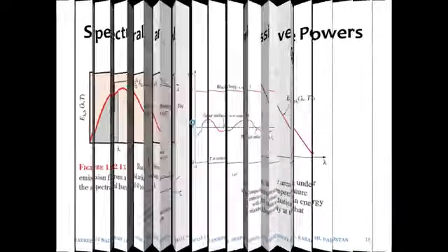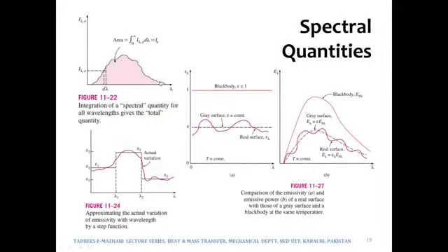In reality, we get such wavy types of curves which can be approximated all the time. The integration of a spectral quantity, meaning any quantity which varies with wavelength, for all the wavelengths gives the total quantity. For example, integration of spectral emissive power will give us total emissive power.